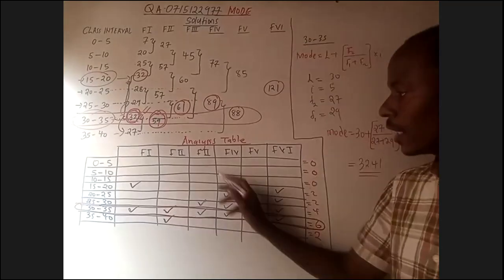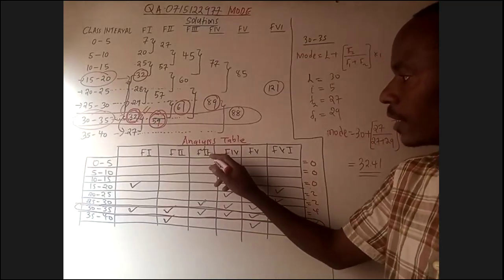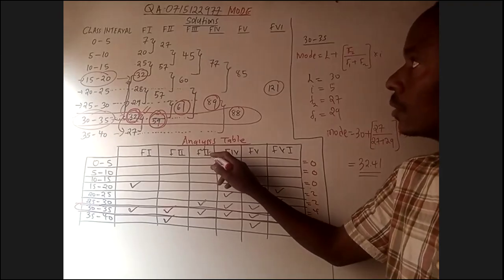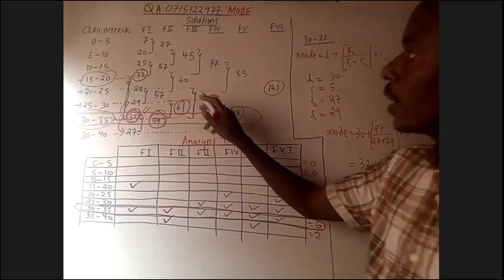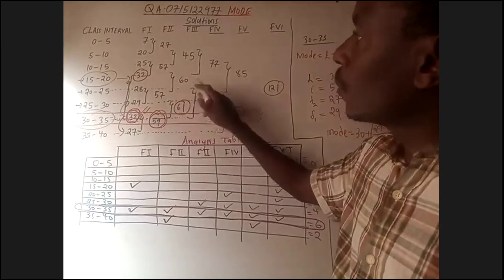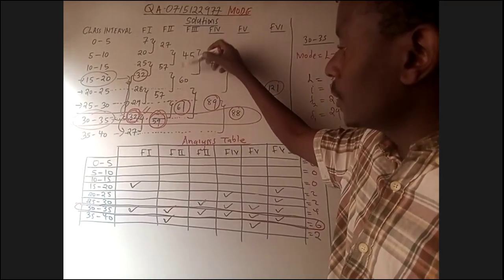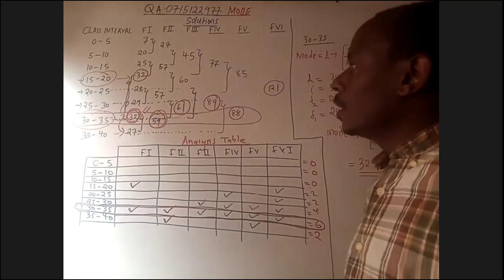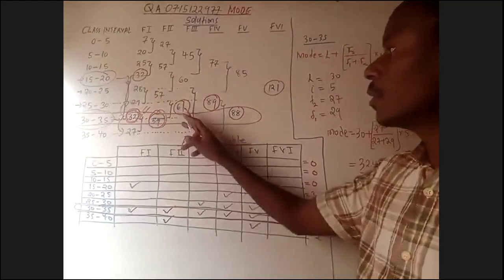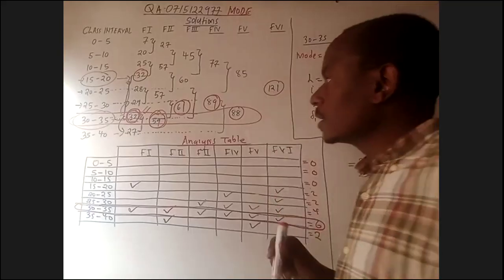Same applies to the third one. The second one, you look at the highest. We have 45, 60, and 61. Now, which is our model class? 61 is our model class. Where does it lie?